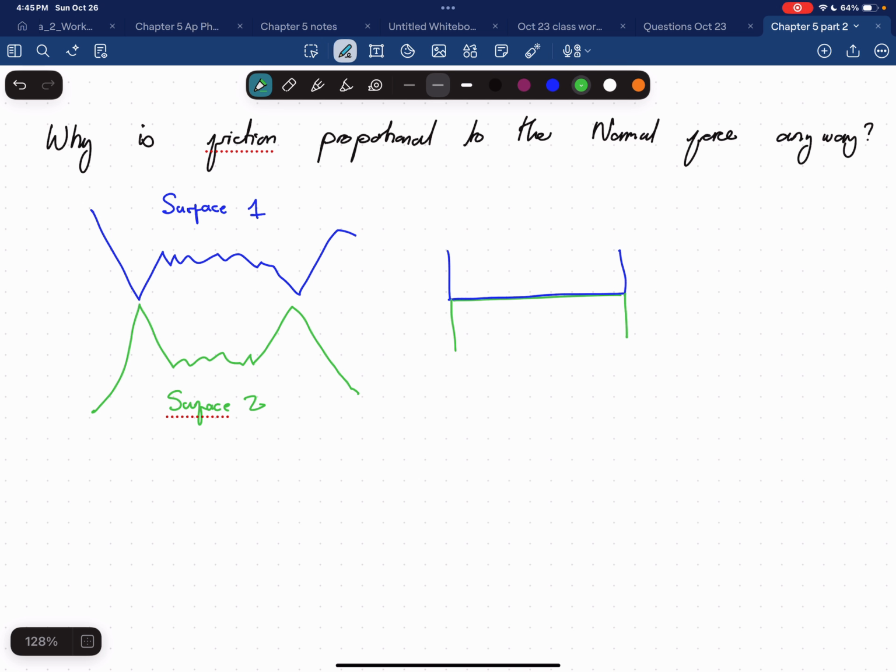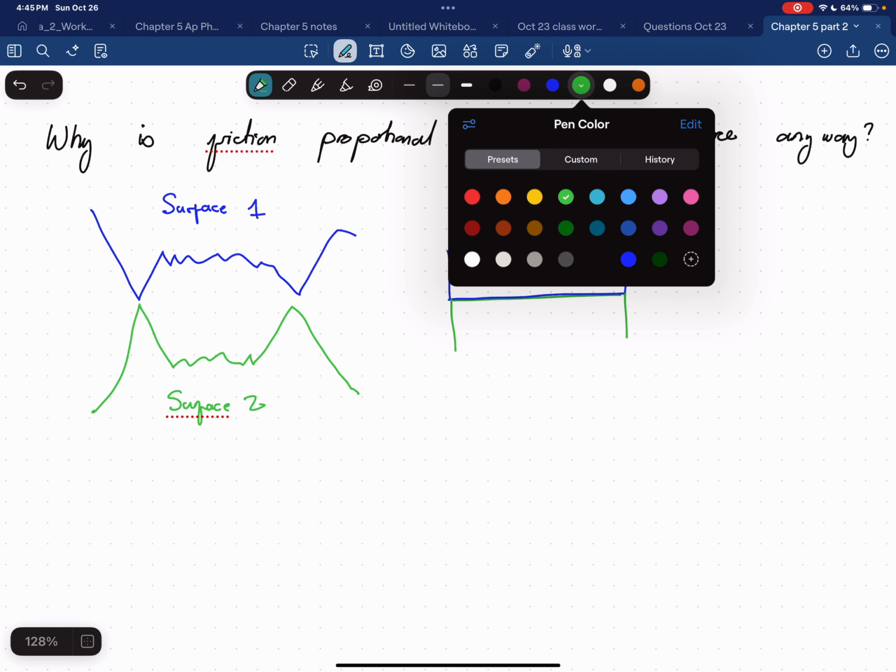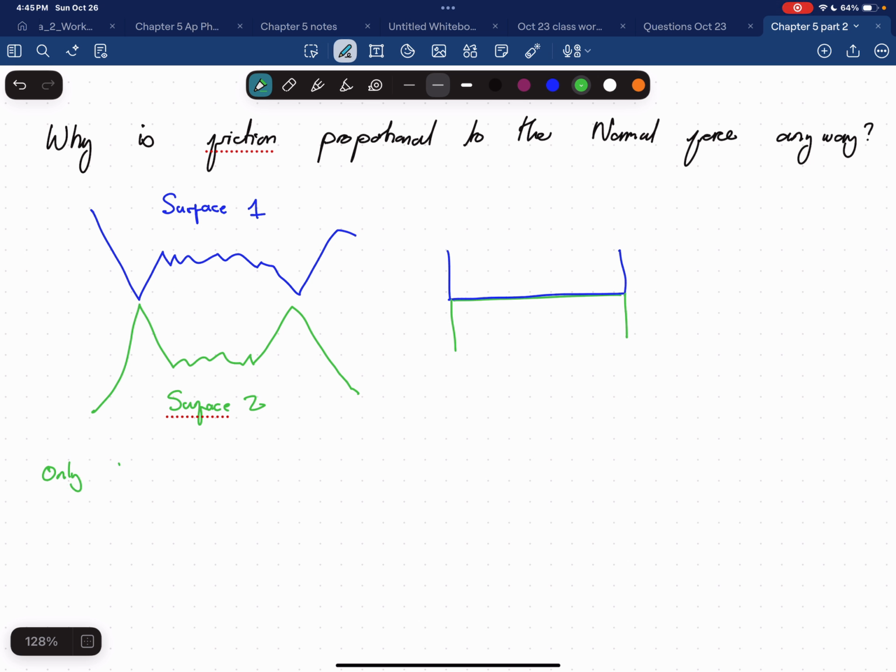When two surfaces are in contact, on the microscopic level, only 0.1% of surface area is actually touching, which is crazy.